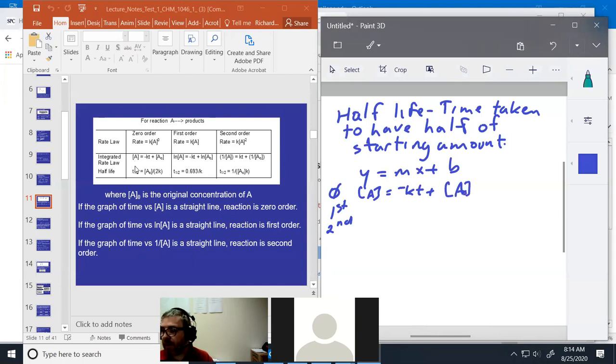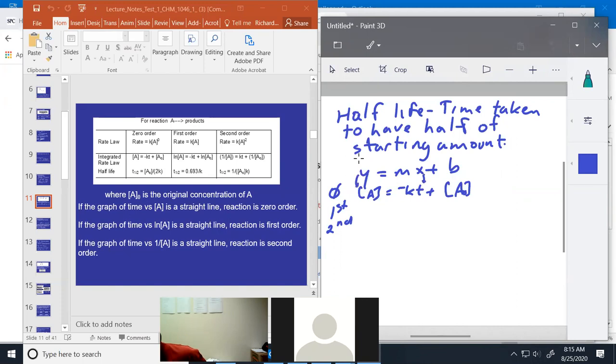What we know is that [A]0, as I said, is a constant value. b is a constant value as well, if you remember your straight line equations. So we can match what these things are: y is [A], m is negative k, and x here is t. This is what's important.